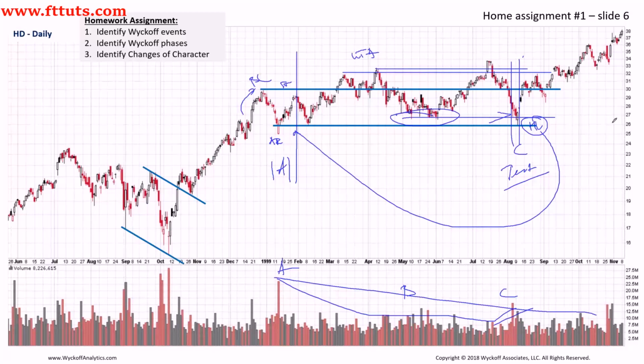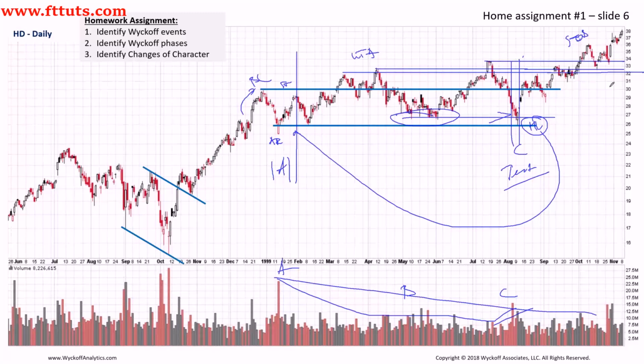Right. And then we have a sign of strength rally, which goes to the buying climax, but not really crossing the upthrust action that we had in phase B until later in October. Well, think about the definition of the sign of strength.